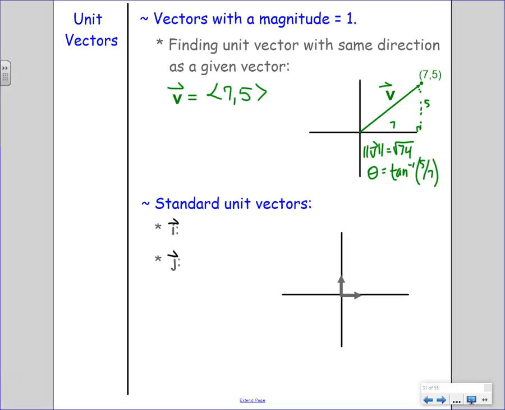That's kind of a nice, neat way of saying it. But there is one other notation, and it's going to use these standard unit vectors from down below. The other way of writing it is technically called a linear combination, and we'll see some notation for it in just a second. But the linear combination is basically going to say, we can also say 7 times the unit vector i plus 5 times the unit vector j.